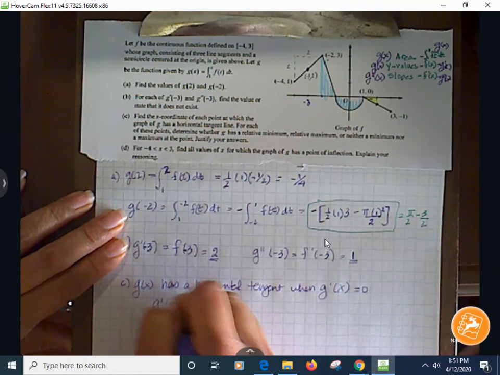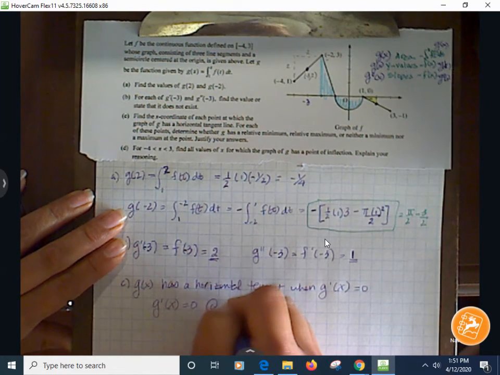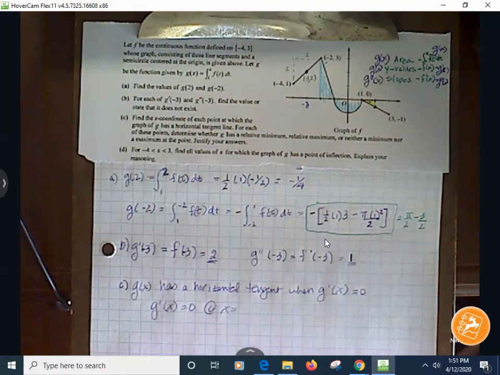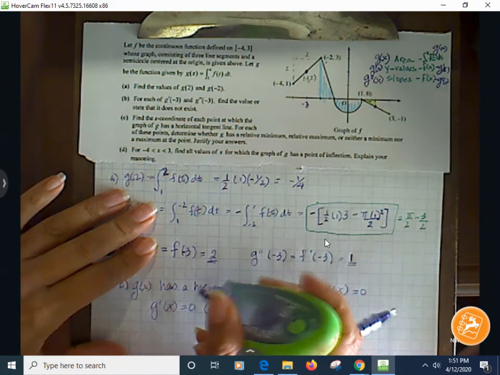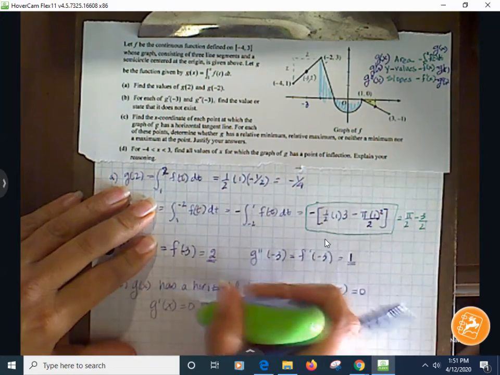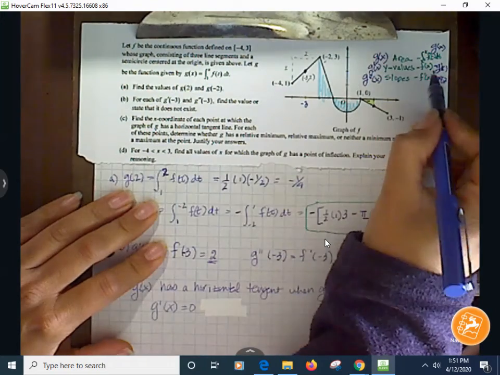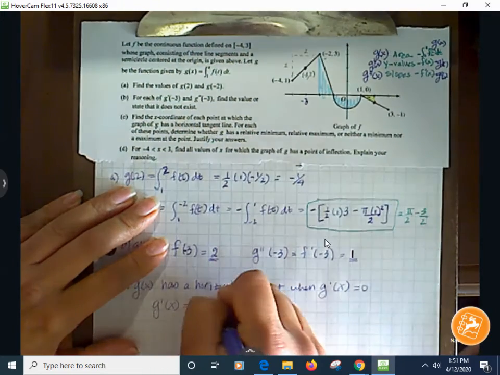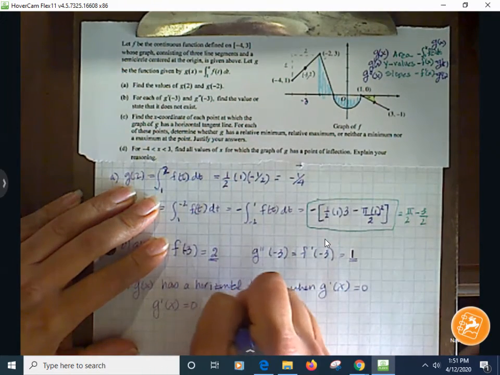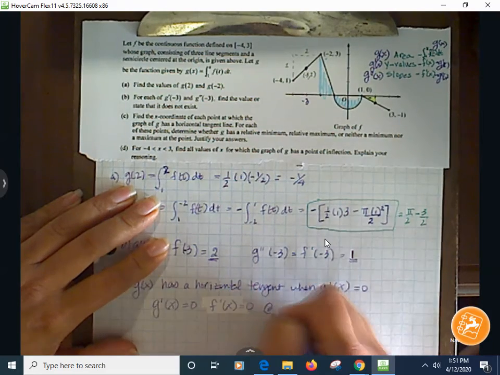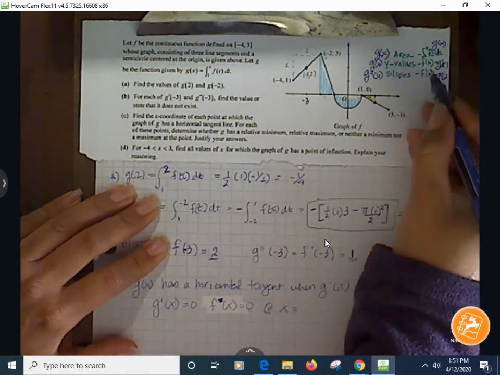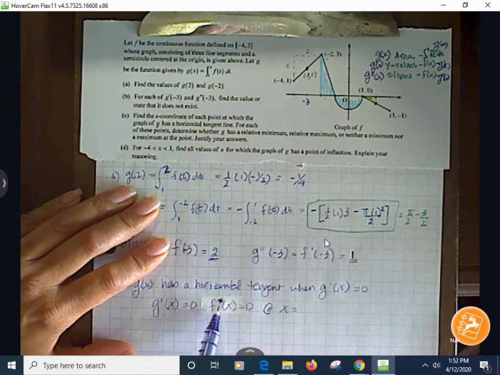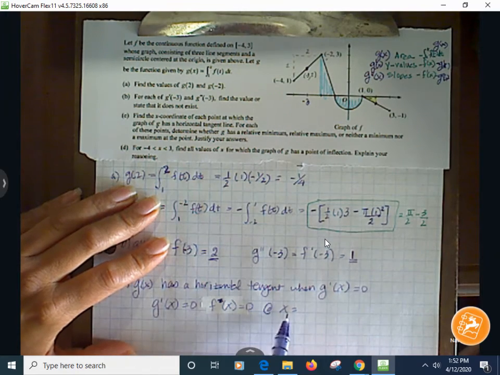Now, when does g prime of x equal 0? Before I say x equal to, let me explain further. g prime of x is equal to f of x. So g prime of x equals 0 when f of x equals 0.